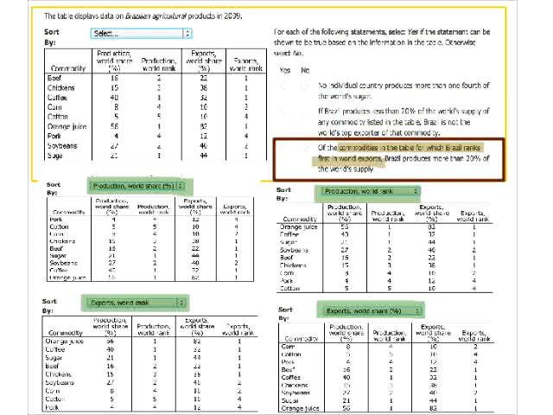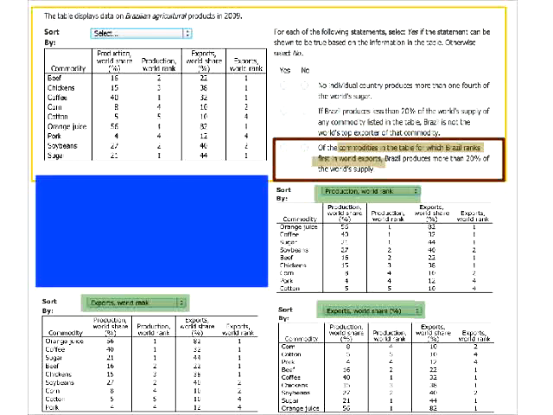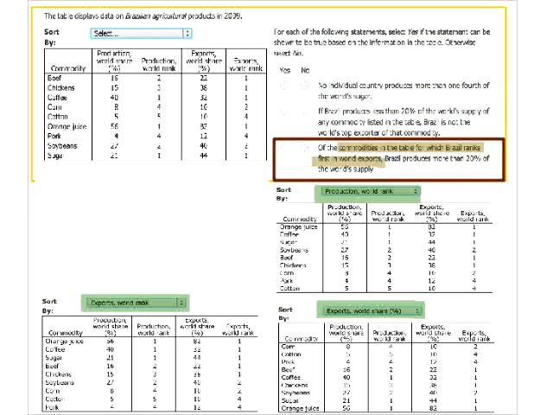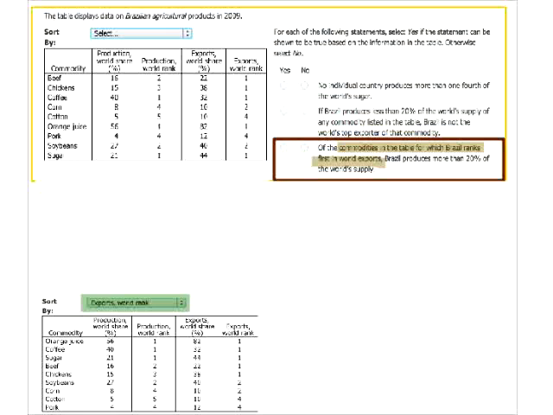So what we want is rank in world exports. Let's delete the other parts and do world export rank. You want to find the ones where it ranks first. That's these five: orange juice, coffee, sugar, beef, chickens.